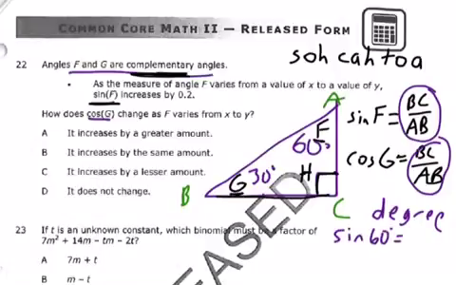So sine of 60, we're in degree mode, gives us 0.8660. And then if I type in cosine of 30, that gives us 0.8660. So that's a pretty neat relationship we just found out.